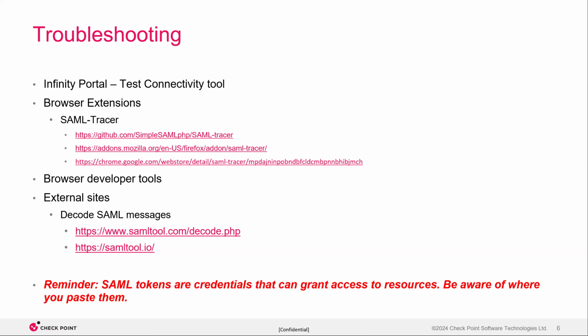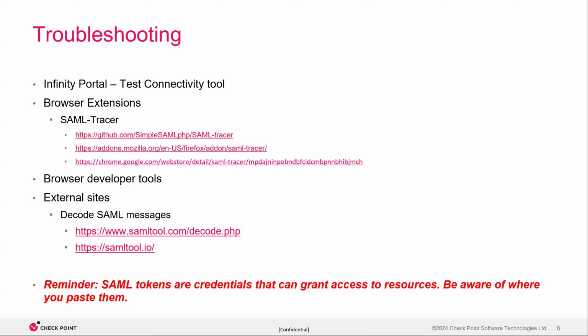You can also use the browser developer tools to look at the requests and the responses. Last time I checked, it did not include a mechanism to decode the SAML requests within the HTTPS request. But there are external sites that you could use.